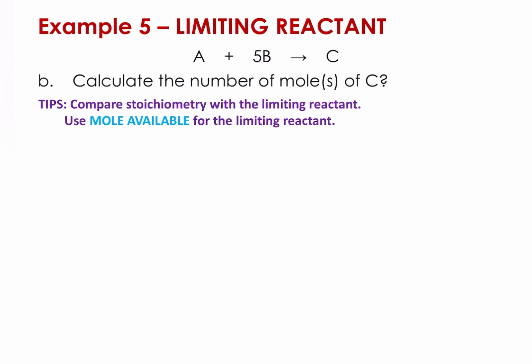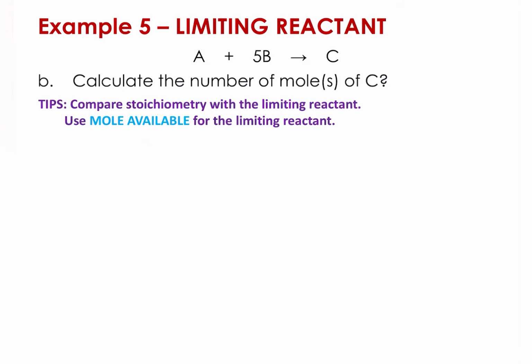And the next one, when you want to compare, kita akan gunakan stoichiometry in terms of mole. Tapi, as you see from the previous slide, kita ada mole available dengan mole needed. So, yang mana yang kita akan guna? Kita akan gunakan mole available untuk limiting reactant. Bukan mole needed. Okay, ingat, we use the mole available.